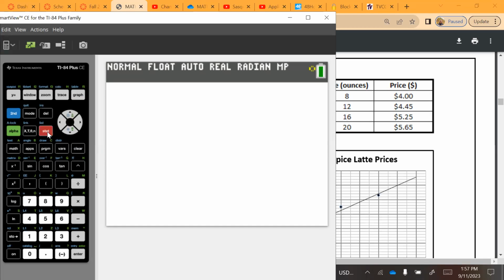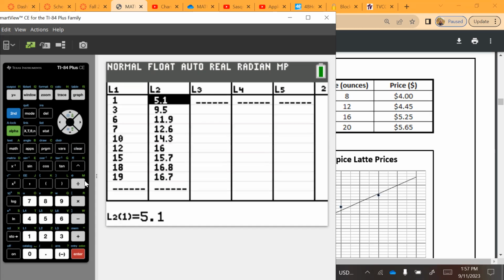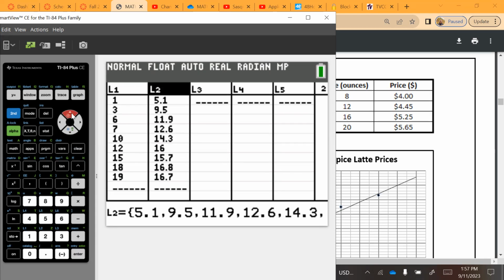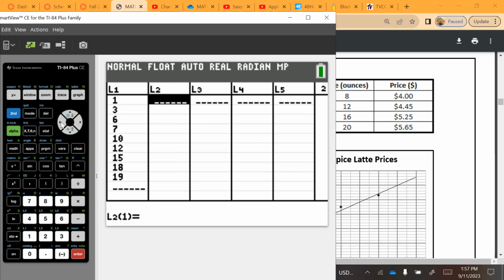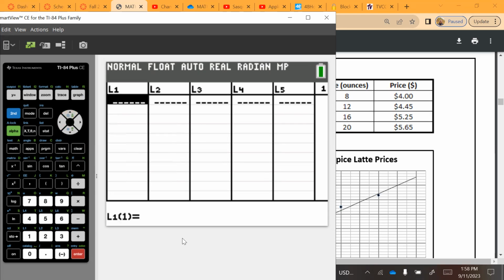So we're going to go stat and then that first option, so enter or 1. And if you've got any data there, like I do from some previous problem, I'm going to go up to the name of the list so I can get rid of all the data in the list at one time. I'm not going to hit delete, I'm going to hit clear and then enter. There's other ways to clear it out, but this works fine. So go to the name of the list and hit clear enter.